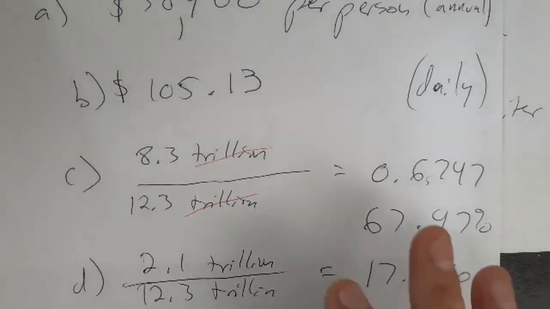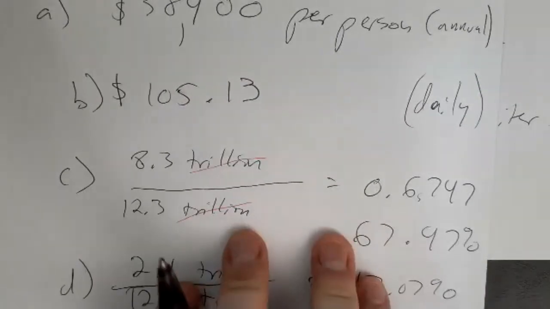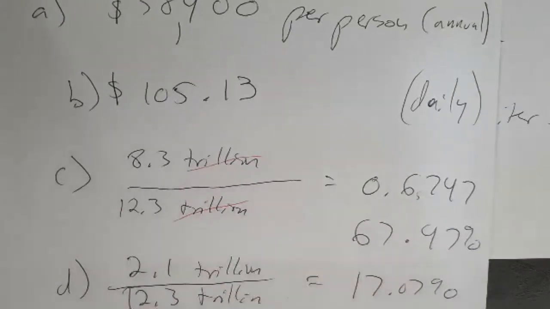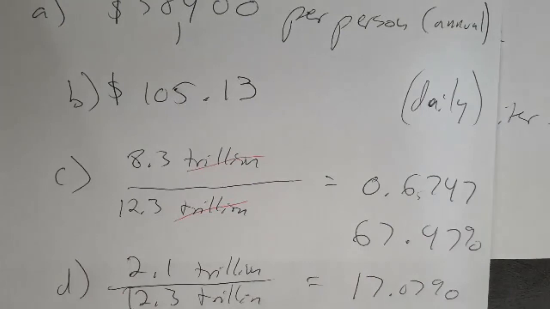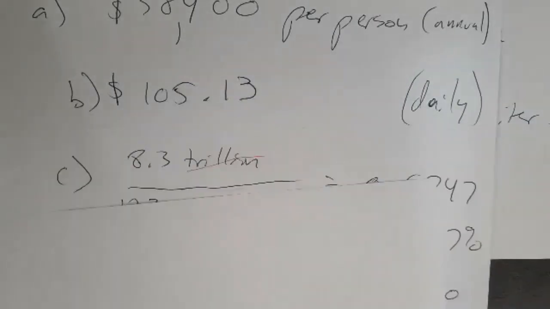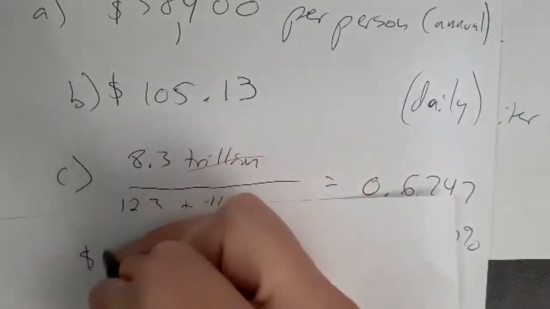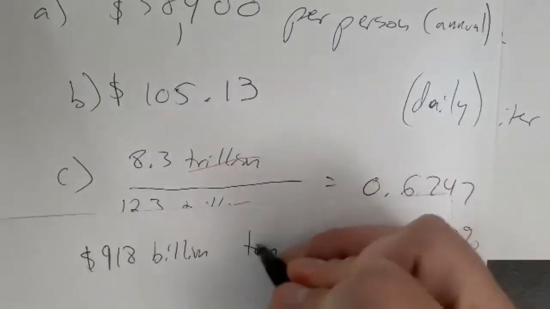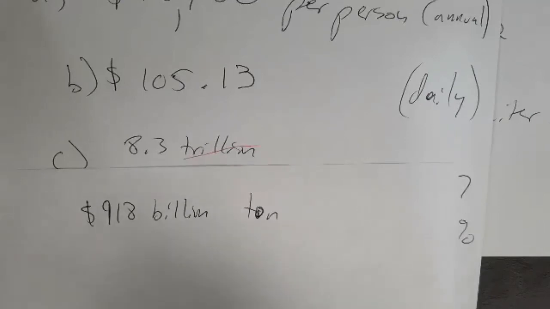And the last thing, in 2000, total spending on personal consumption was 6.8 trillion, while healthcare was 918 billion. Compare the percentage increase in total spending in healthcare between 2015 and 2000. So they're giving me two different amounts now. Healthcare went from 918 billion to 2.1 trillion.